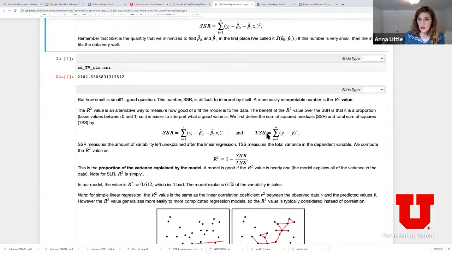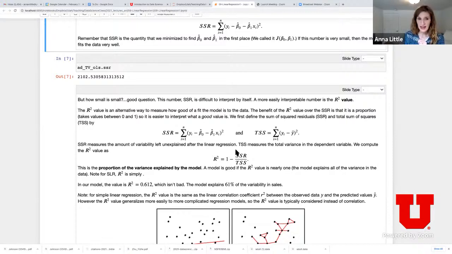We can also look at the total sum of squares, which measures the total variation of the response variable. We're interested in knowing how big the SSR is relative to the TSS. So it's their relative values that are informative, not their absolute values.